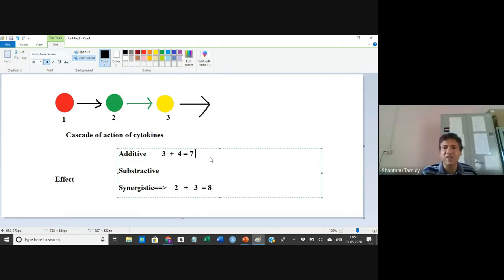Synergistic effect means if one is giving proliferation and another also gives proliferation of similar amount, but when they are combined, the combined effect is more than their individual effects. So that is called synergistic effect. These are the three types of effect we find over here.